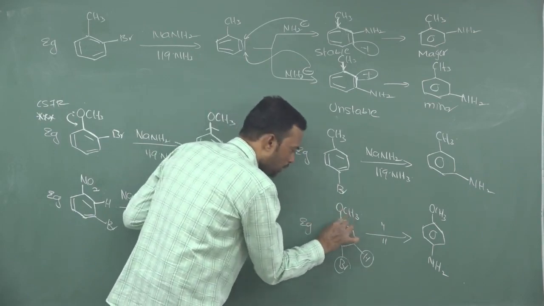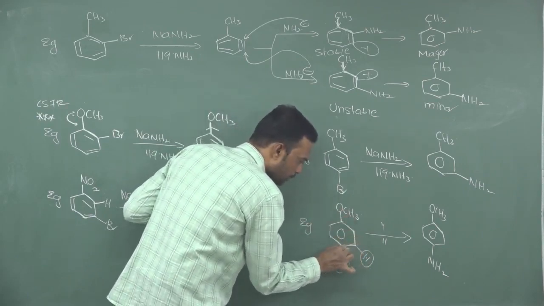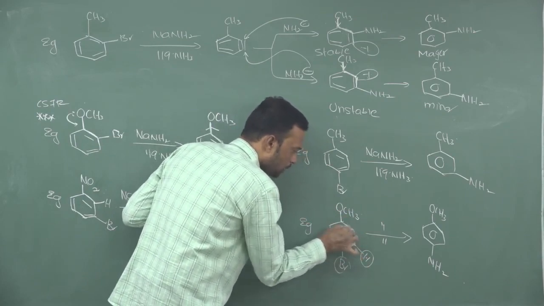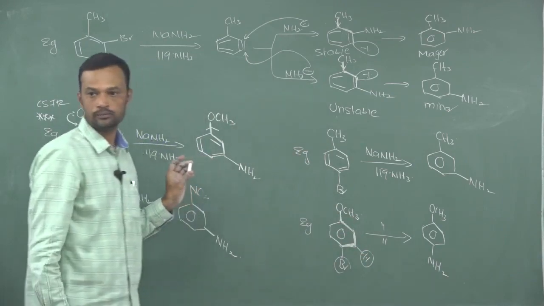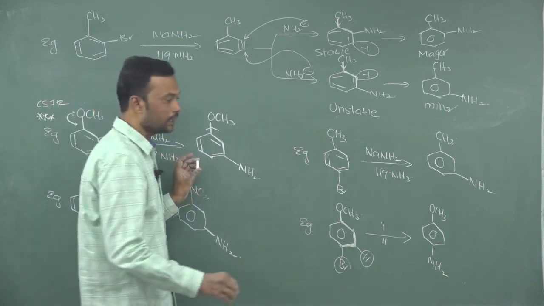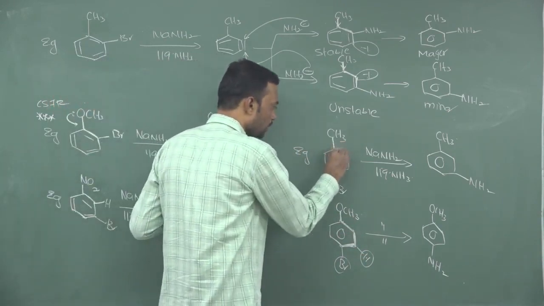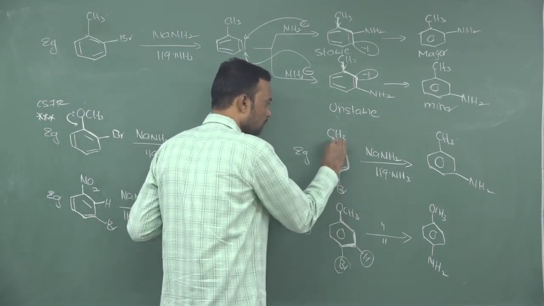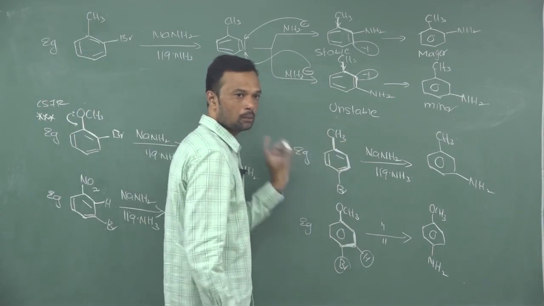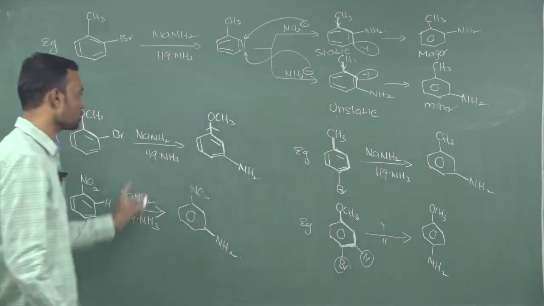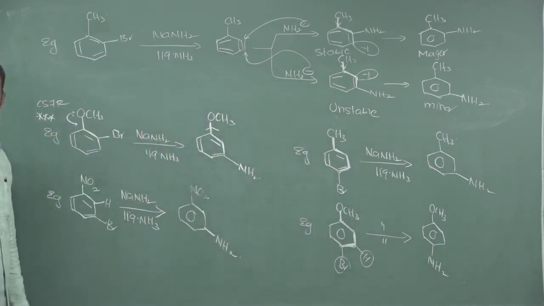Why? Because I am operating which effect? Inductive. Whenever you operate the inductive effect, only see the length. Don't see the conjugation. Only length. Here also only length has been operated. If I write this symbol, try to operate only inductive. Don't operate mesomeric on that one. If this concept is given, operate only inductive.